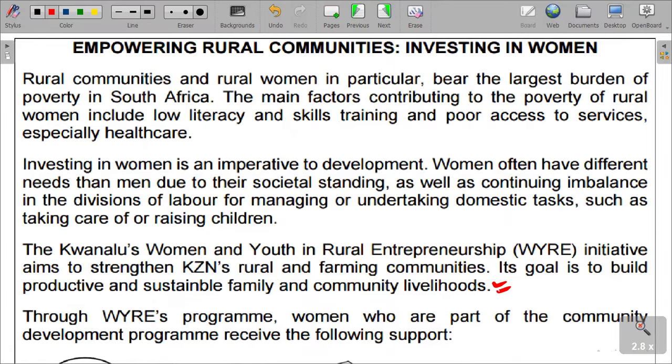The main factors contributing to poverty of rural women include low literacy, low skills training, poor access to services, and especially health care.